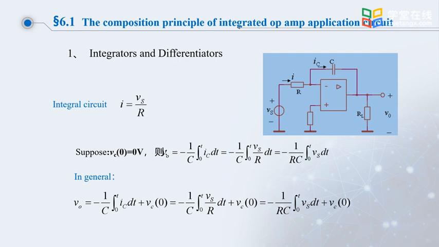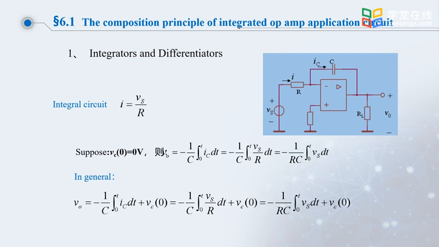So VO is equal to negative 1 over C times the integral of the current IC over time t. This is VO's expression. Then, because IC and I are approximately equal, I can substitute the expression of I, which translates into this expression.